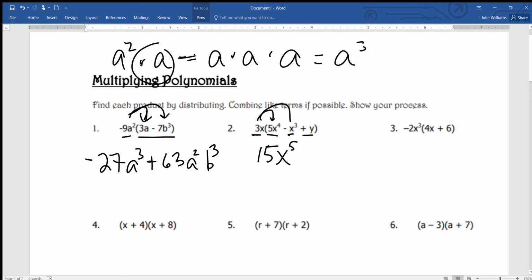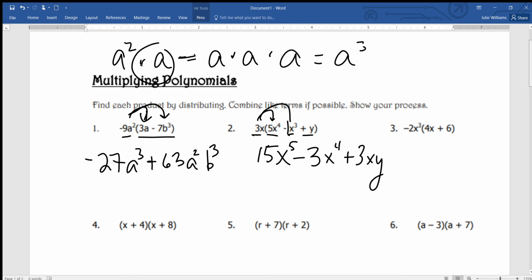So I'm multiplying a 3 times a negative 1, which is negative 3. That is not a negative exponent, it's just a negative coefficient. And then x to the fourth, because x times x to the third is x to the fourth. And then plus 3 times 1 is 3, so 3xy. Those are pretty straightforward.